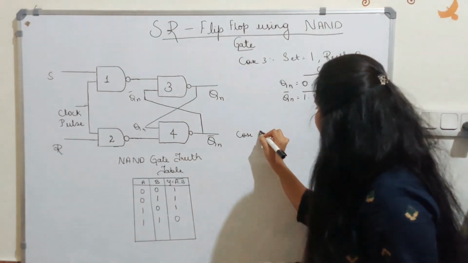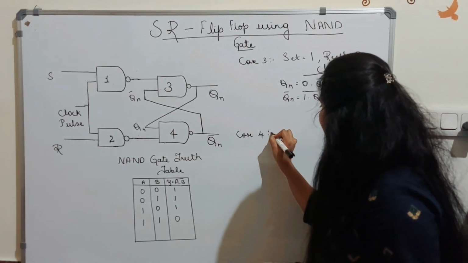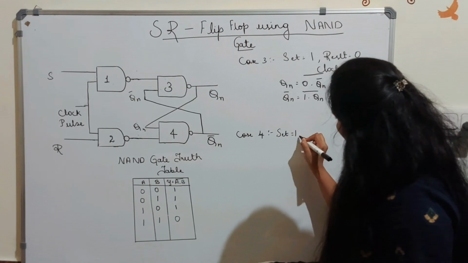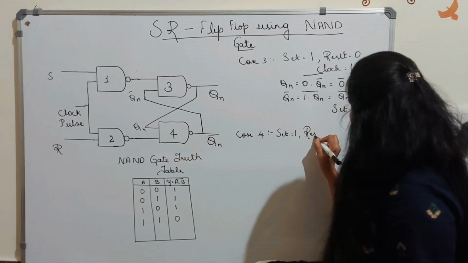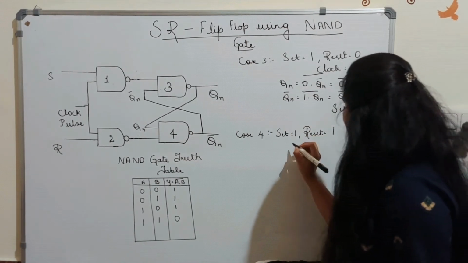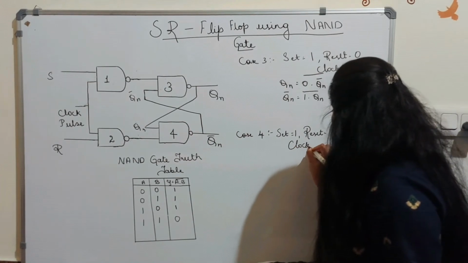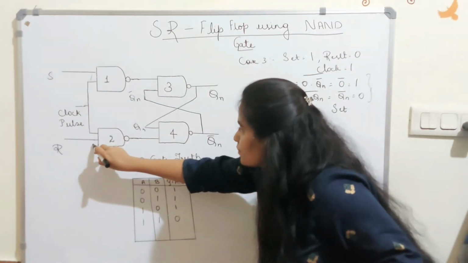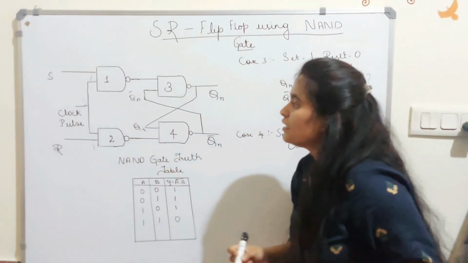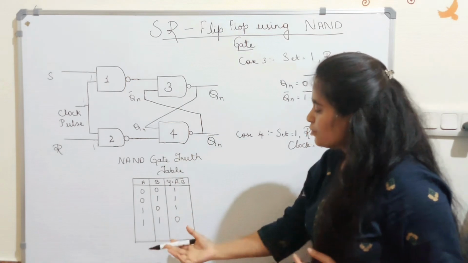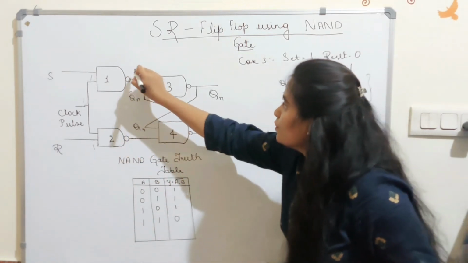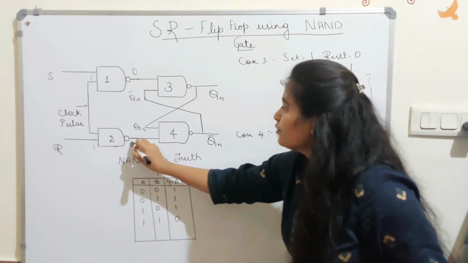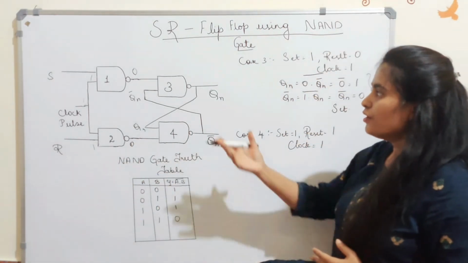Case 4. Set is 1, reset is equal to 1 and the clock pulse is equal to 1. That is, S is 1, R is 1 and the clock pulse is 1. In that case, 1 and 1 with reference to the NAND gate, it is 0. 1 and 1 for the second NAND gate input, the output turns out to be 0.